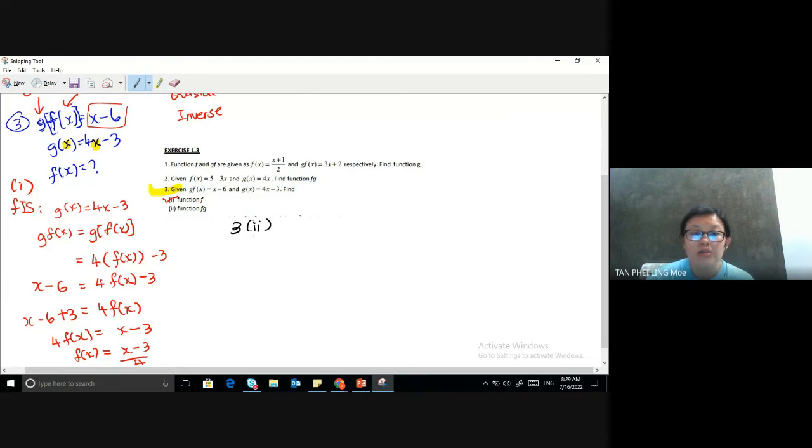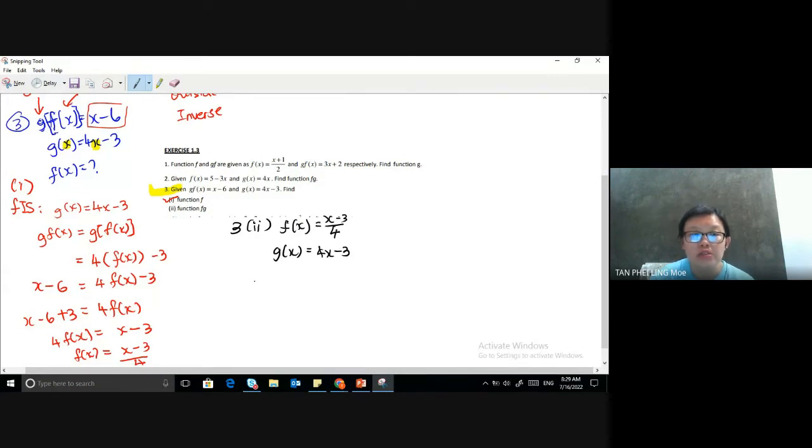Since you have your f and your g, you can rewrite them first so that you can know them better. Then you are going to solve them now. f(x) is (x minus 3) over 4, and then your g(x) is 4x minus 3, right?